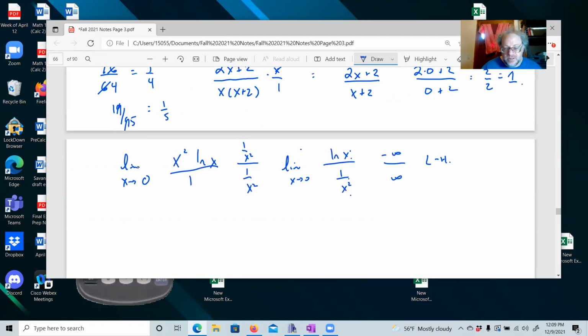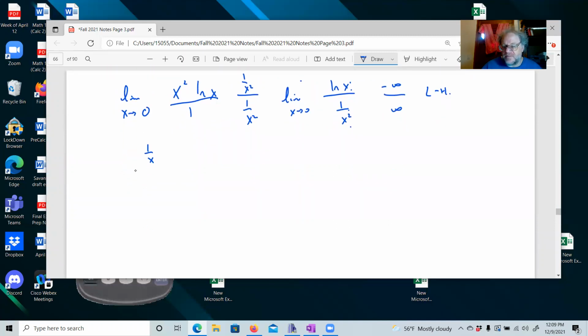The derivative of natural log is 1 over x. The derivative of the bottom, x to the negative 2, is negative 2x to the negative 3. So this is 1 over x divided by negative 2 over x cubed.